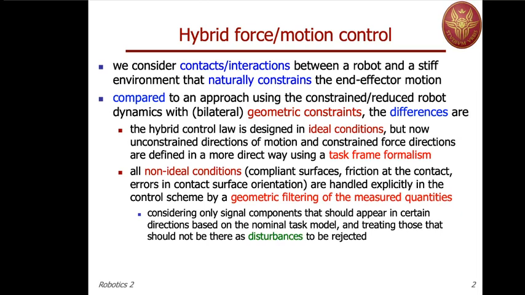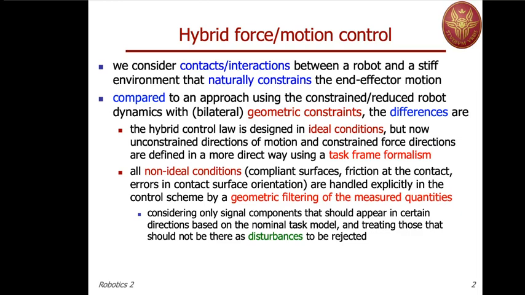So essentially, certain directions in which we don't expect that signals arise, for instance, in the direction where we hit the surface. So we don't expect to have motion in that direction because the model assumes an infinitely stiff environment. We may have some velocity still because of a number of reasons, and we will just filter them out.